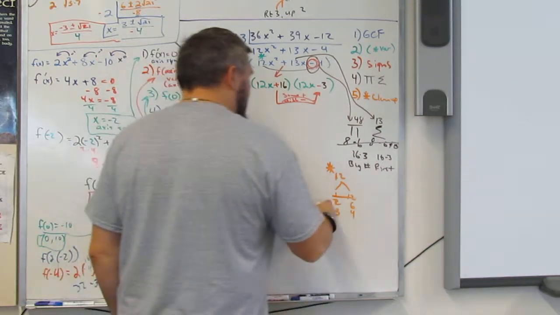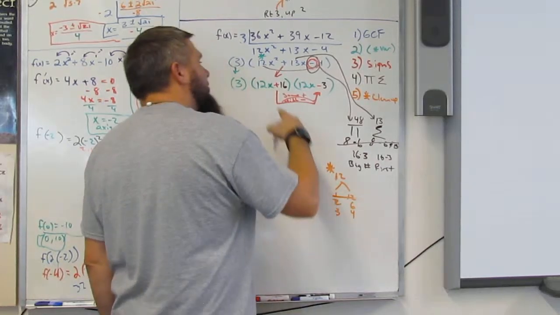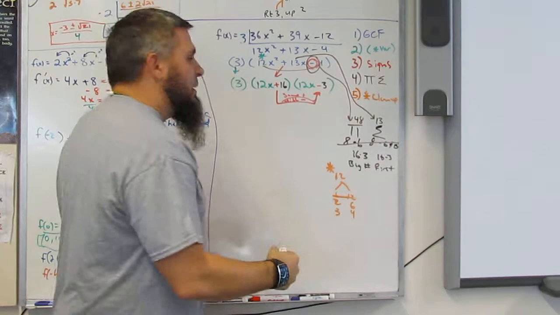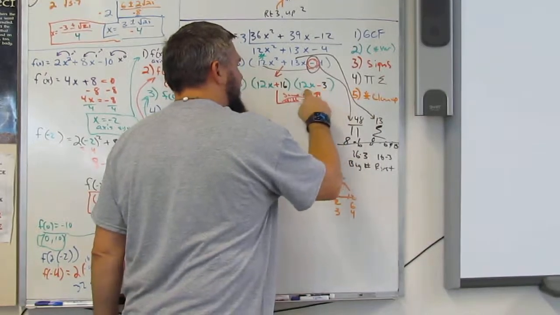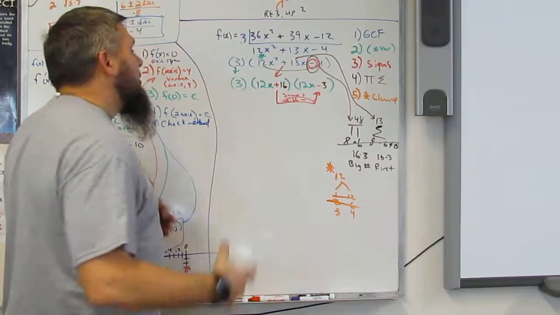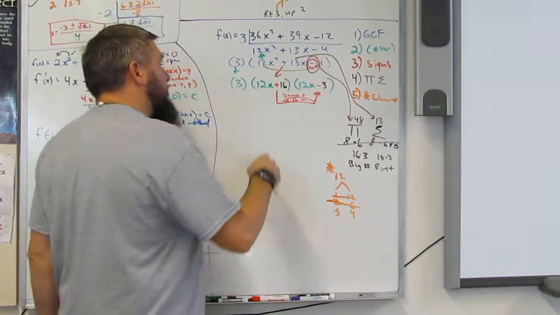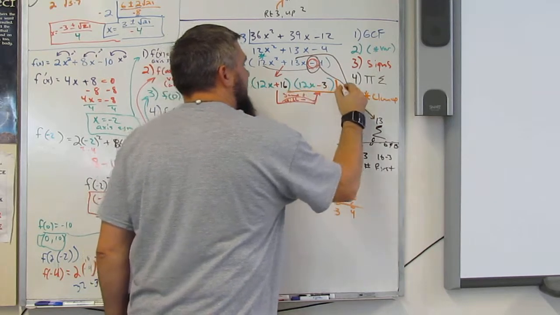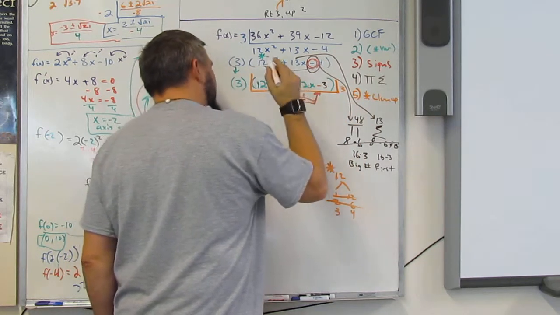Okay. 2 is a little bit trickier. 2 goes into both of these, but does 6 go into both of these? No. So then it's not that one. So it's 3 and 4, but does 3 go into both of these? No. So it must be 3 over here, and hopefully 4 over here.